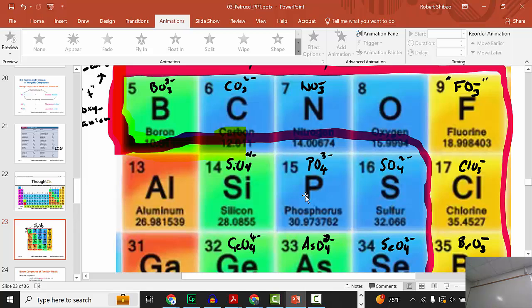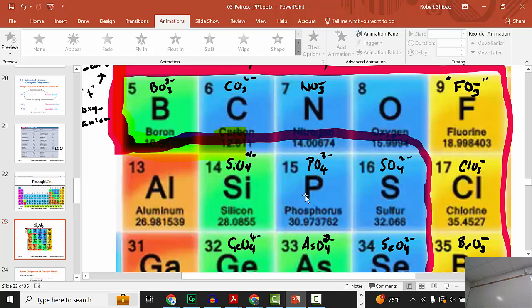How about, let's do one of these. Phosphate. We just did nitrogen was +5, right? What is phosphorus in phosphate? So we have 4 oxygens, -2 each. 4 times -2 is -8. -8 plus what gives us -3? +5.